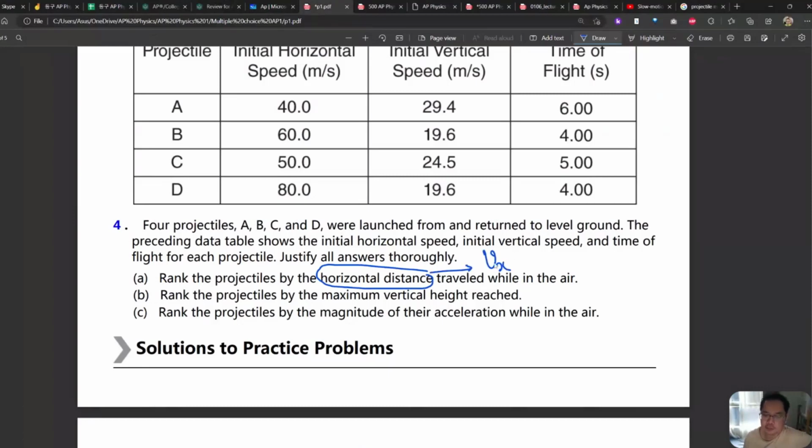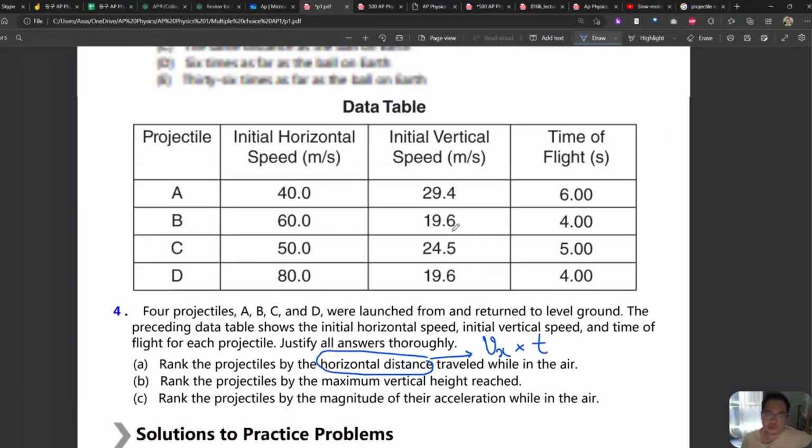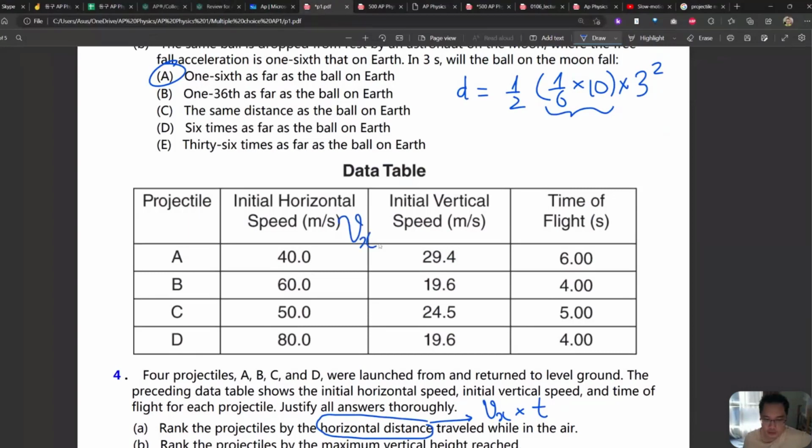Multiplying Vx, which is constant, horizontal speed, with the flight time. This is initial horizontal speed. This is the flight time. So, which product is greatest among the four?